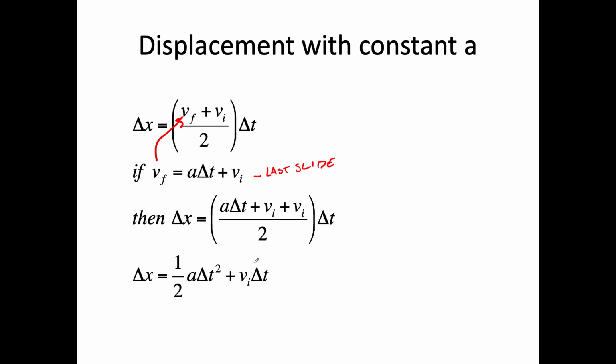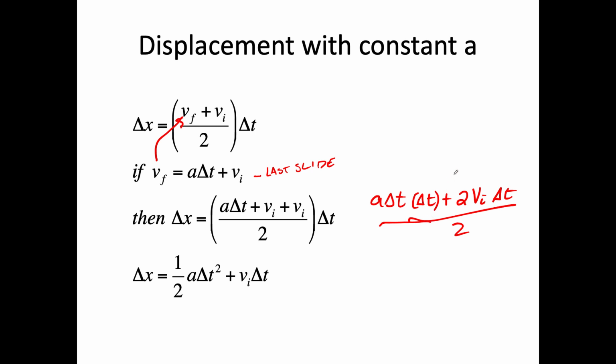Well, we can reduce this down. So our displacement is equal to 1/2 a times change in time squared plus Vi times delta t. So basically what we're doing is taking a delta t times delta t plus 2 Vi times delta t and dividing by 2.